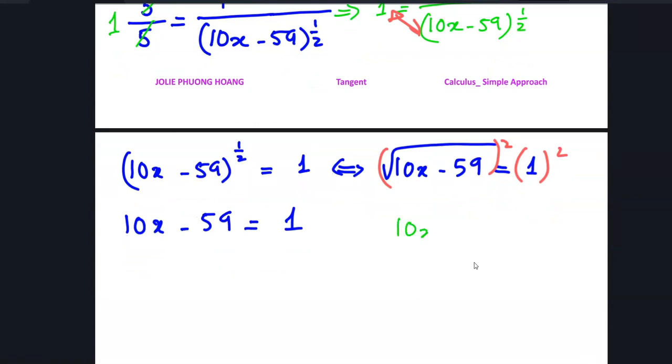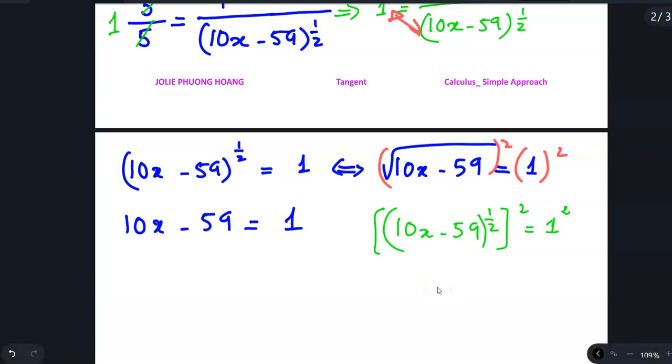I can put this on the screen here just to remind everyone that I can do this, keeping this as the exponent a half. If I square both sides of the equation, you need to multiply these two exponents together. A half times 2 is 1.